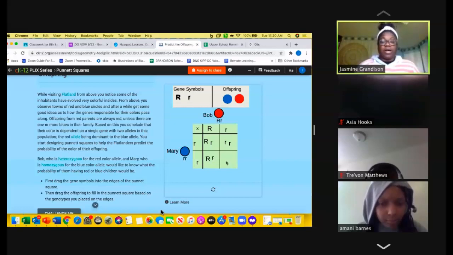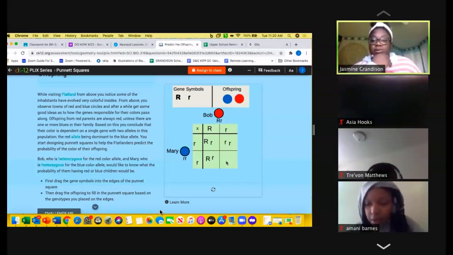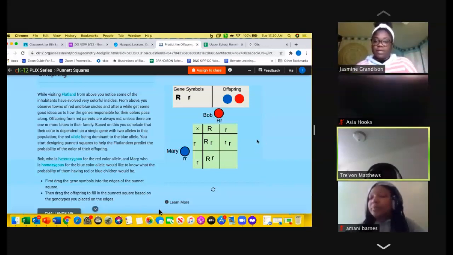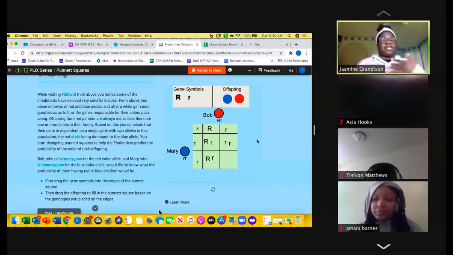So we should see a pattern. And let's let everyone else answer. Amani, in the chat, what goes in our last box for this Punnett square? A lowercase. In the chat. What two letters go into, good, Jordan? And Trayvon, let me know in the chat. What two letters go into that last box? Good, Makai.